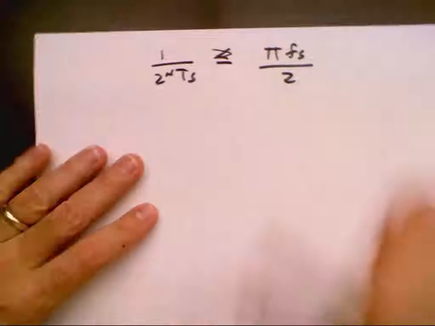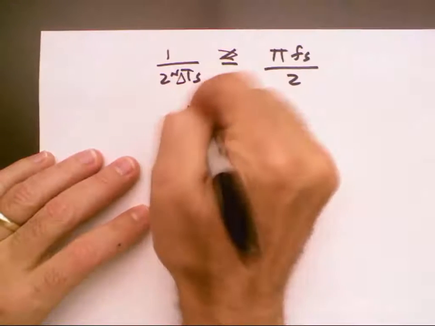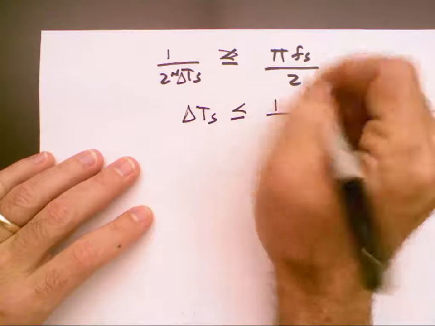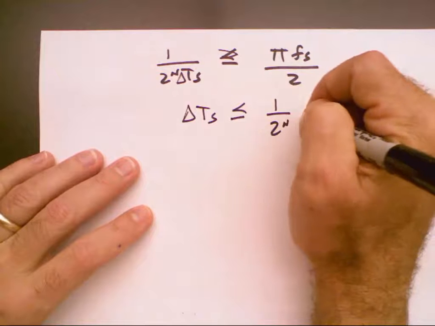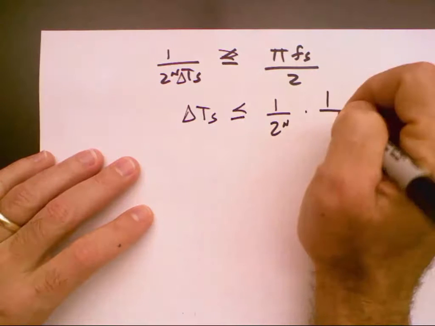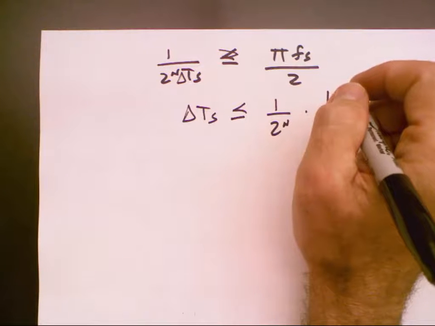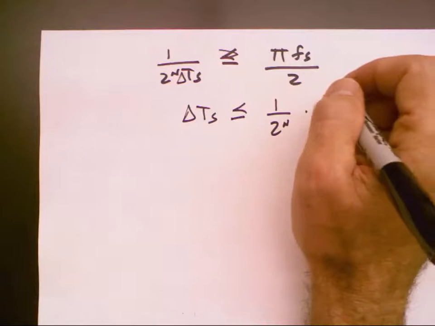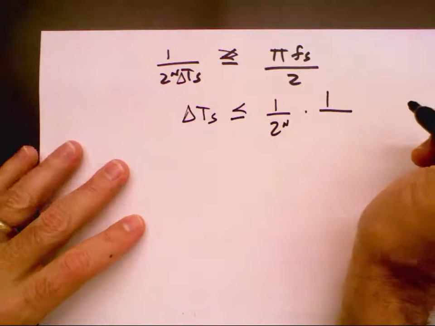And then solving for del Ts, I get del Ts has to be less than or equal to 1 over 2 to the n times... wait, I got a factor of 2 here. I think I used 1/2 LSB in the book instead of 1 LSB. Oh yeah, I did use 1/2 LSB. So I'll put that in.